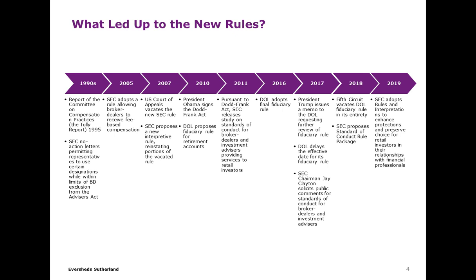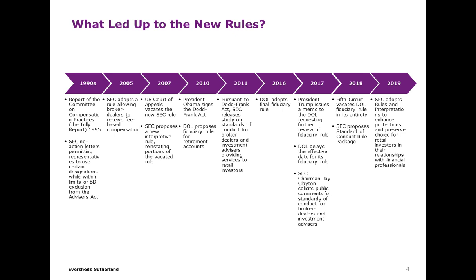I will point out just a quick note about state law developments. It's not really the focus of this webcast, so we won't touch on it much, but just wanted to mention that this slide, which shows the genesis of the rulemaking history here, does not show that there is also a parallel path of state fiduciary rulemaking developments, as some states are popping up and claiming that they do not view the SEC's rulemaking as sufficient and that they want a true fiduciary standard for broker-dealers recommending securities in their state.